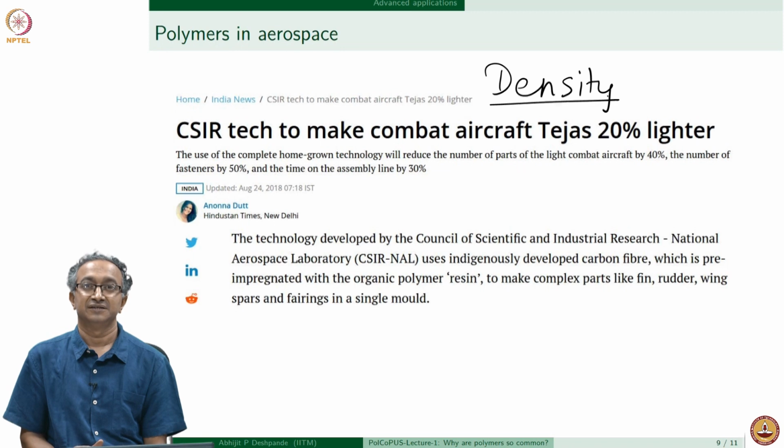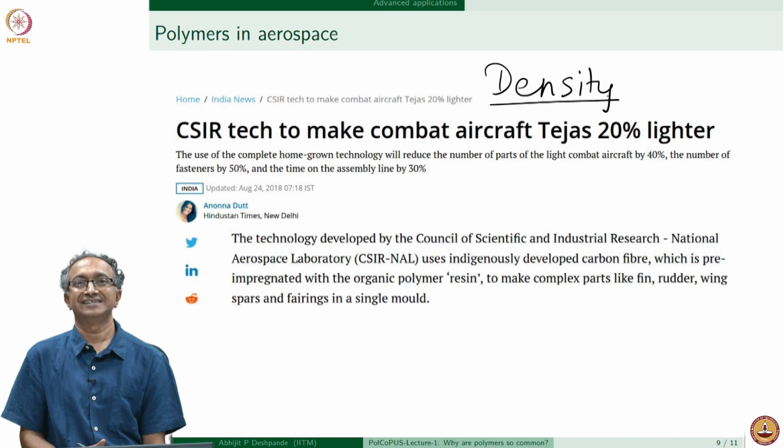And in fact, the specific properties, which means properties per unit weight, of polymers are extremely excellent. So therefore, in aerospace, polymer use is increasing, and it's going to become more and more because they offer such a unique advantage in terms of very low density.